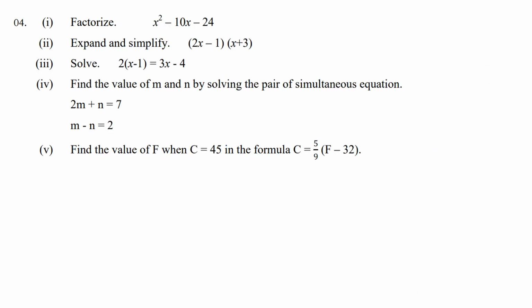Right, so here you have to factorize. Let's do this: x squared minus 10x minus 24. In this case, you have to break this into two parts, with which you have to make minus 24 as the product and minus 10 as the sum.